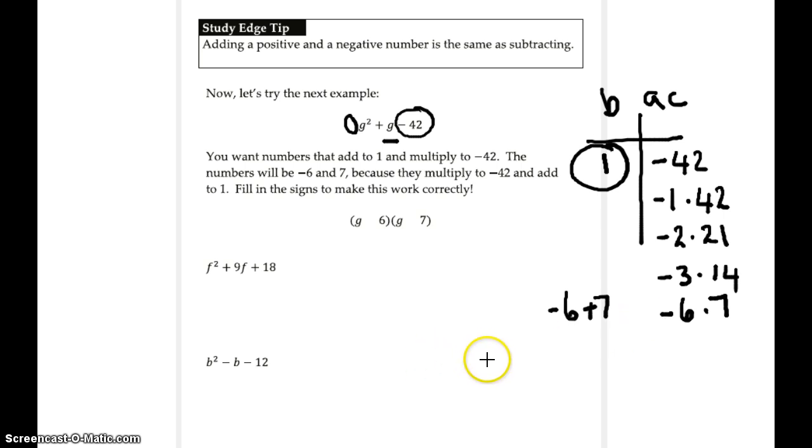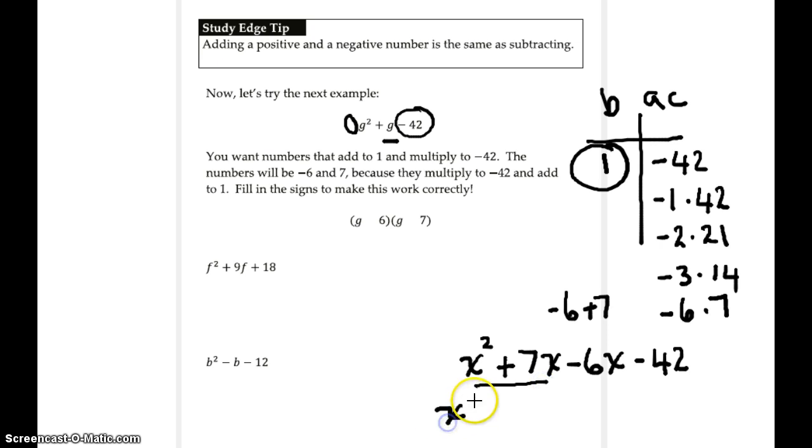So now I know that I have, and I'm just going to use x's to make life easier, x squared plus, we know that the middle term comes from 7x and negative 6x, minus 42. We're going to use our grouping method again.